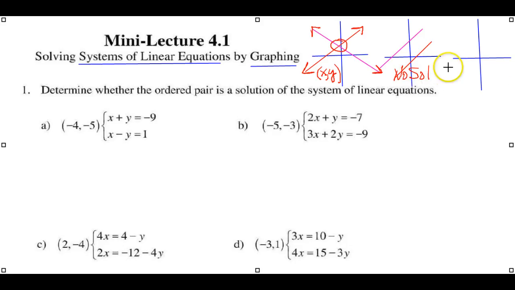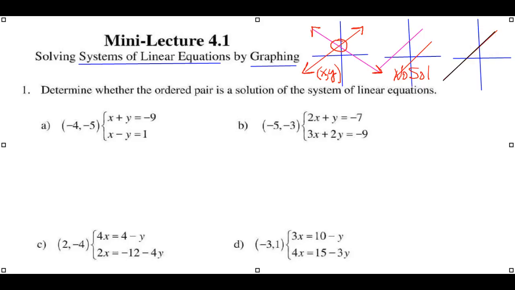Another scenario might be we draw a line for the first equation, and even though the second equation looked a little different, when we drew the second equation, lo and behold, it was right on top of the first equation.